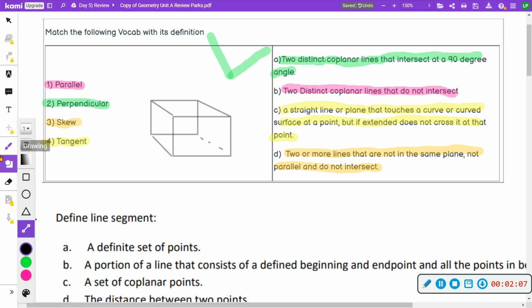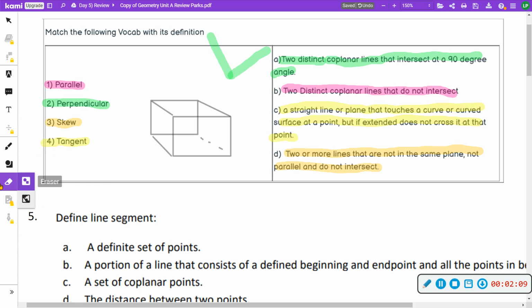And so what they're talking about for skew is, let's say you had this line segment. If I chose this line segment, that would be parallel to that. If I chose this line segment and this line segment, they're in the same plane, so I would call those perpendicular. What if I chose this one and this one? They don't touch, they don't intersect, and they're not in the same plane. That's what we call skew.